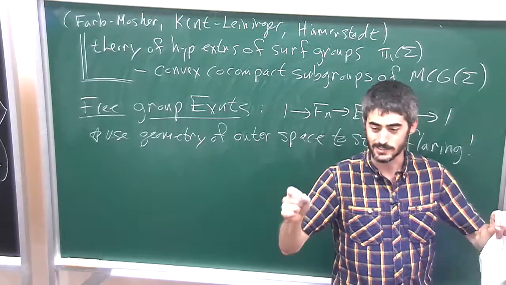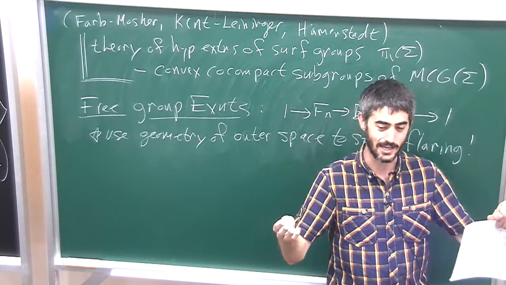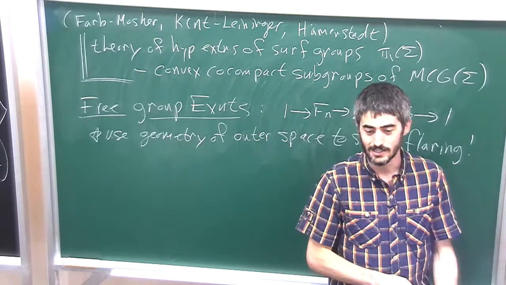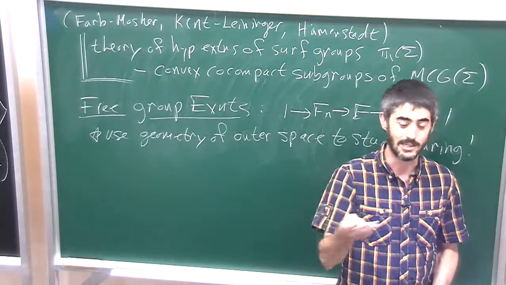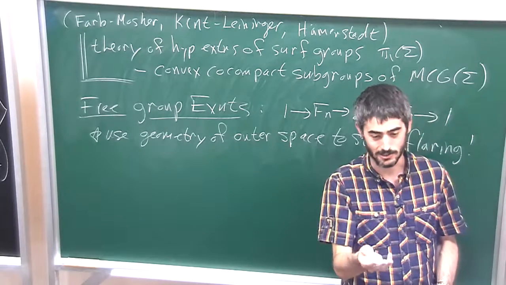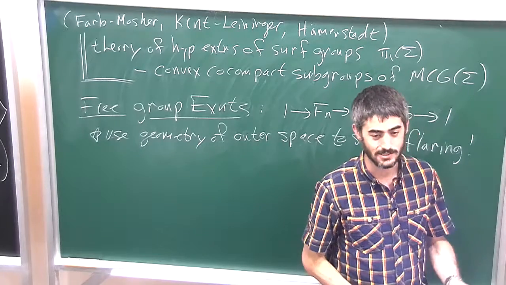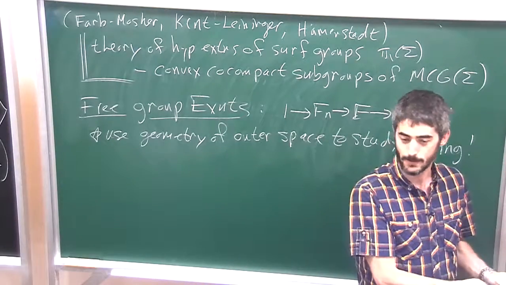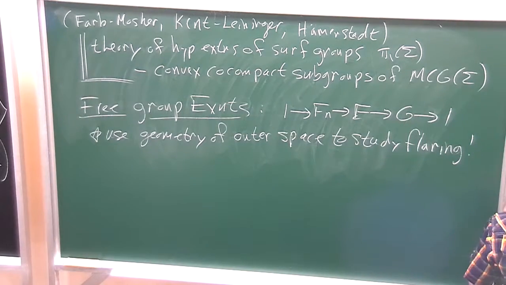We talked about having two points in outer space. I defined this notion of distance, and we asked whether the infimum is realized. And we said yes, you can always realize the distance by some optimal map which has nice structure, with a train track structure on the tension graph. Now what I want to do is a similar idea: use that structure to build a path between the points. That's the idea of folding paths.